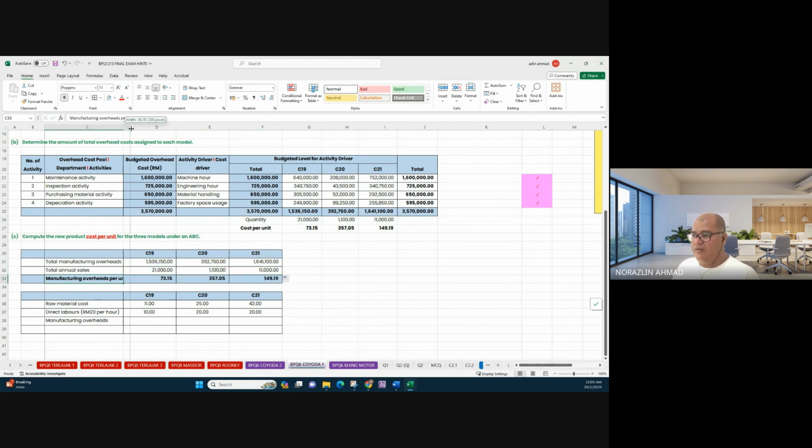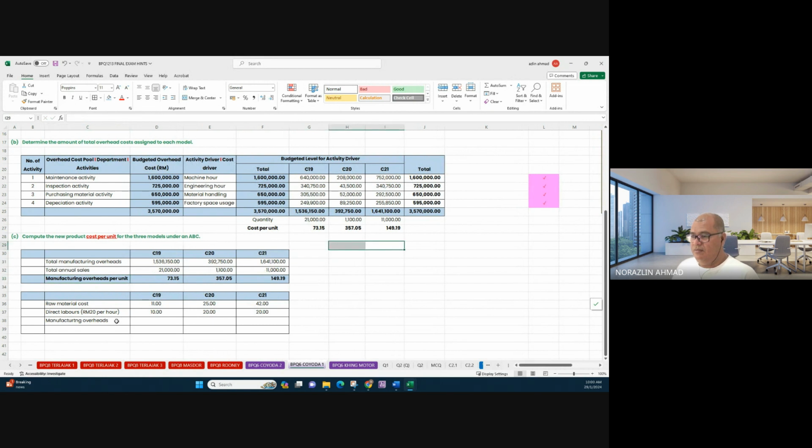Manufacturing cost: raw material cost per unit, direct labor hour per unit, and manufacturing overheads per unit.